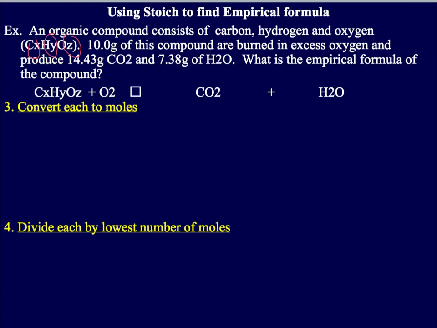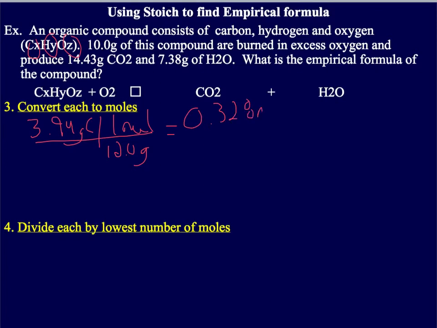So that's what we're going to do. So we had 3.94 grams of carbon, and we want to convert that to moles. The molar mass of carbon is 12 grams per 1 mole, and that's going to give us 0.328 moles of carbon.